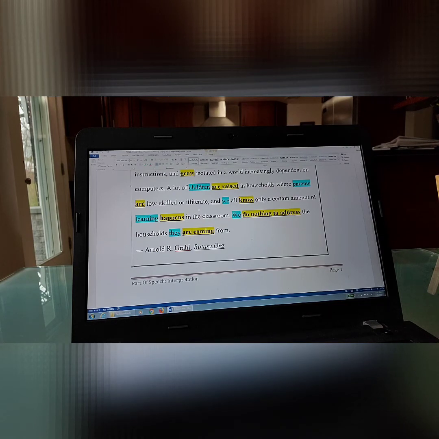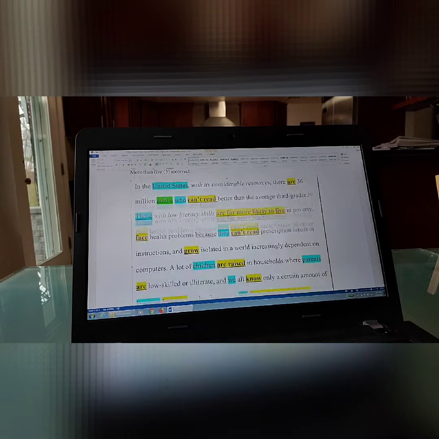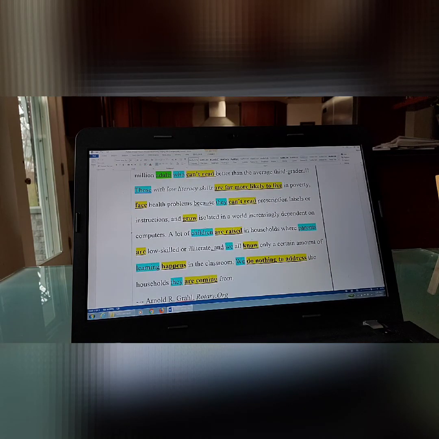This is definitely going to require you to do some inference making in terms of making the right choice here, right? So it's talking about, in this particular case, the children. The children are the ones that are coming from these households, right? But when you're looking at this they, and especially the households they are coming from, right?